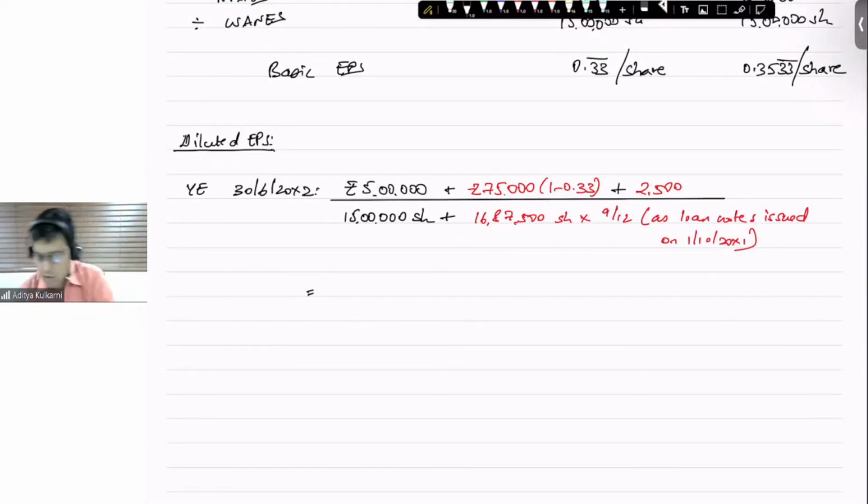So that comes to how much? 75,000 into 0.67 plus 2,500 plus 5 lakhs. So 552,750 divided by 16,87,500 into 9/12 plus 15 lakhs.